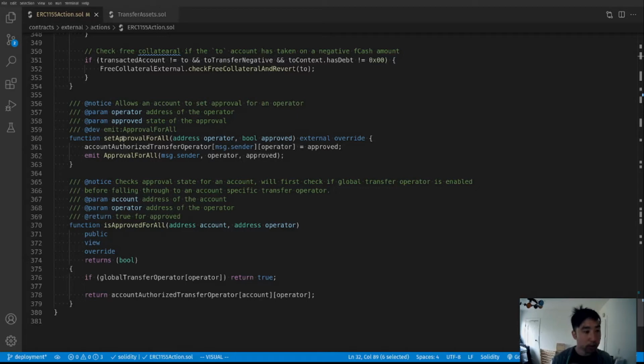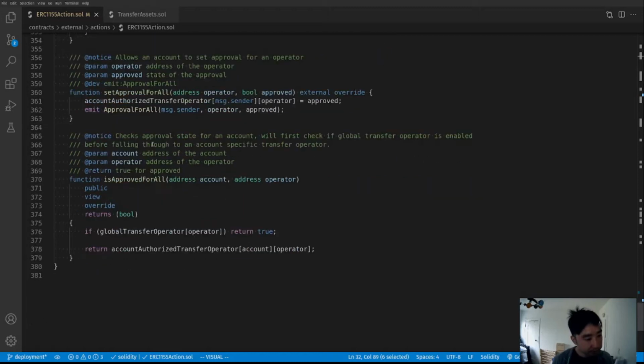So one, we have an account level approval, where an account can authorize any particular operator to transfer Fcash on their behalf. And the second type is a global transfer operator. So governors may allow an operator to transfer Fcash for all users.